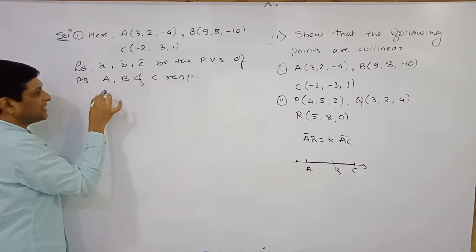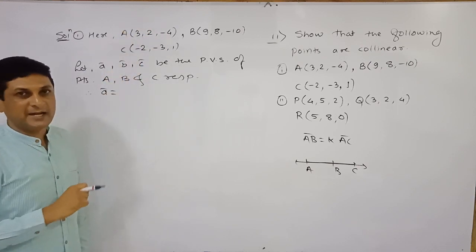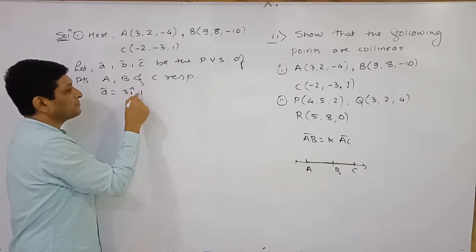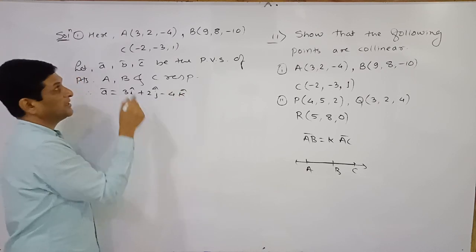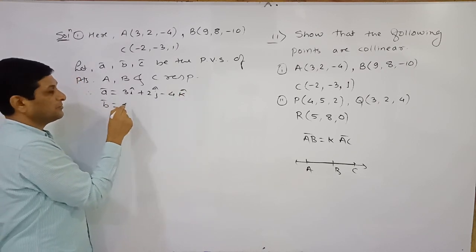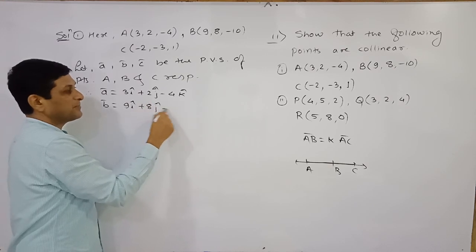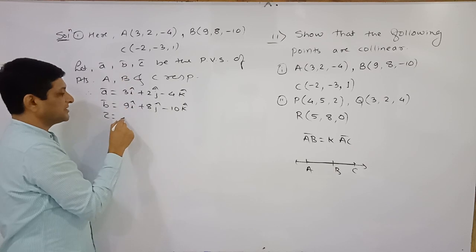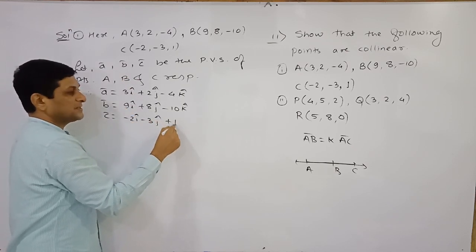From the coordinates of point A we get A bar equal to 3I cap plus 2J cap minus 4K cap. B bar is equal to 9I cap plus 8J cap minus 10K cap. C bar is equal to minus 2I cap minus 3J cap plus K cap.